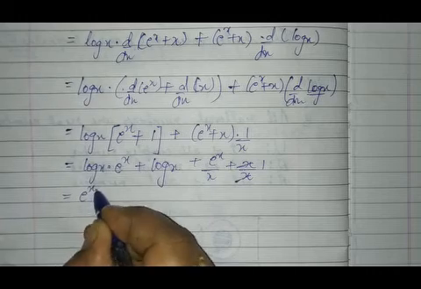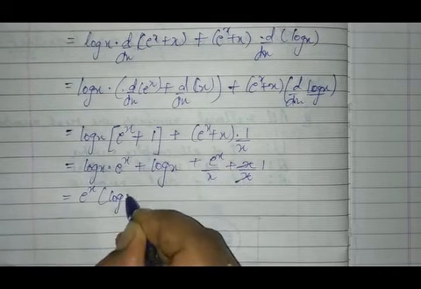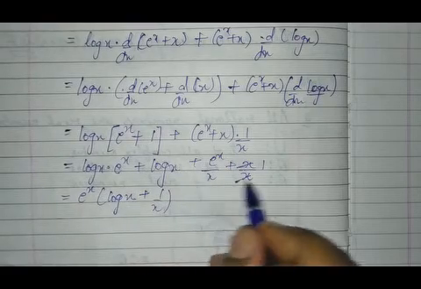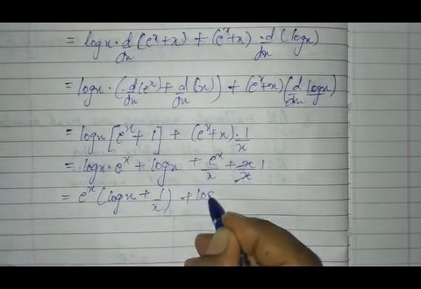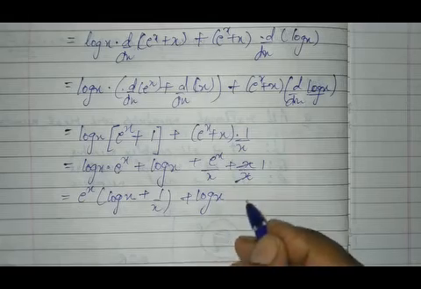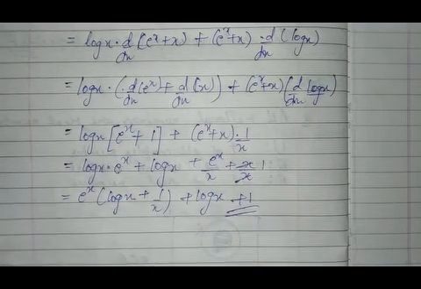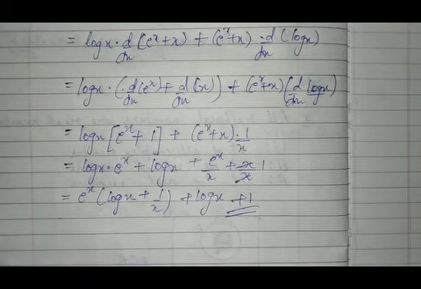So we take eˣ common and we get (log x + 1/x), and the remaining terms, plus log x, this one, and plus 1 here in the last. So this is the final answer. Is it clear?